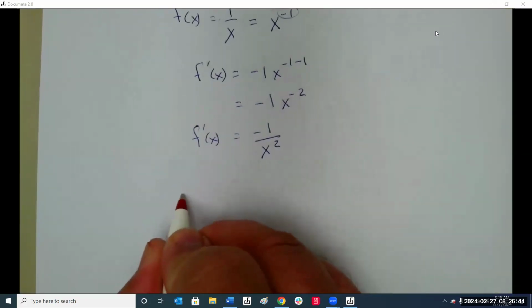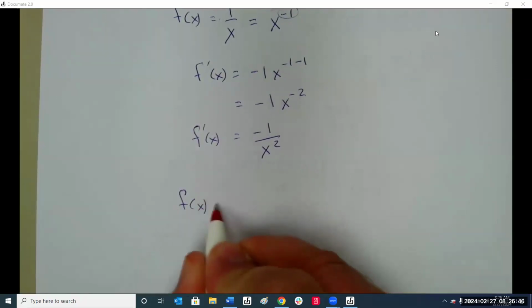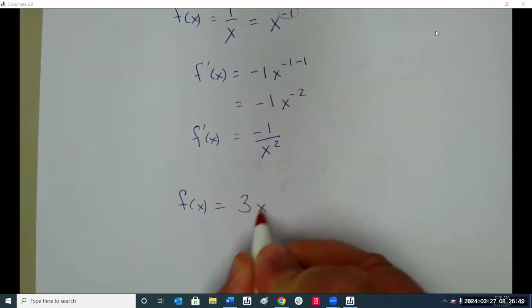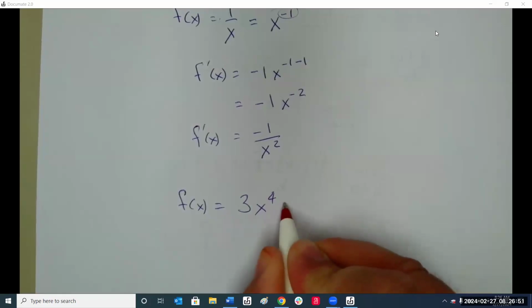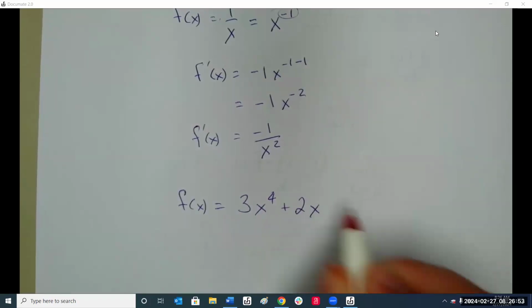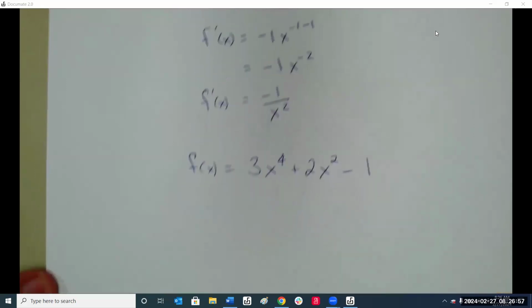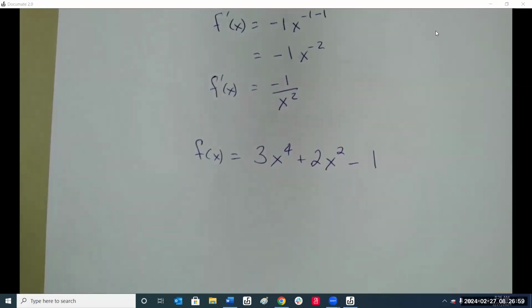Also, if we had a function that looks like this, let's combine what we've done so far.